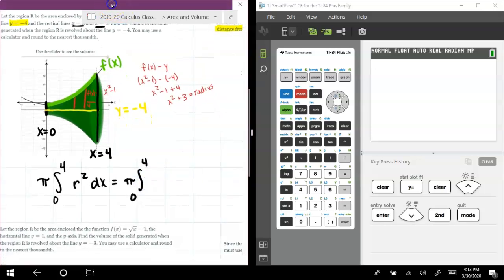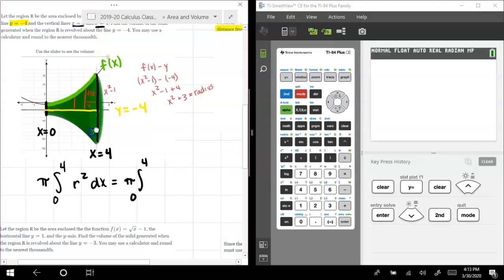So we need to integrate the area to find the volume. The area of a circle is pi r squared, and the radius is x squared plus 3. So from 0 to 4, we pull pi out front because it's just a number. We need to square the radius. The radius is x squared plus 3 in terms of x.